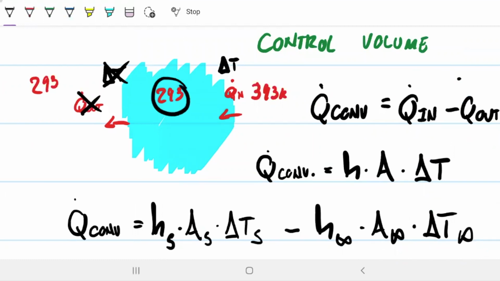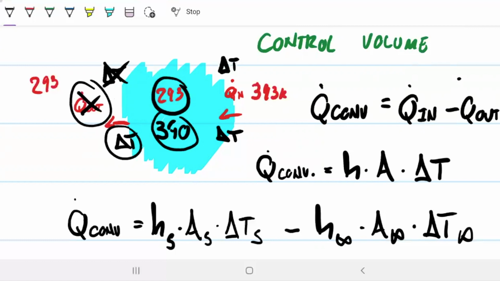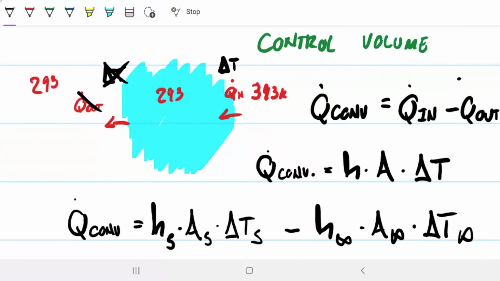But as this number starts to increase, right? Let's say I have now 340, okay? Now I have a delta T over here, and I have a delta T over here. And the bigger this number gets, the bigger this delta T gets, so the bigger this Q gets, and the smaller this Q gets. So at some point, we will reach something called equilibrium. What is equilibrium? Well, equilibrium is precisely the point in which my two energies are exactly the same.